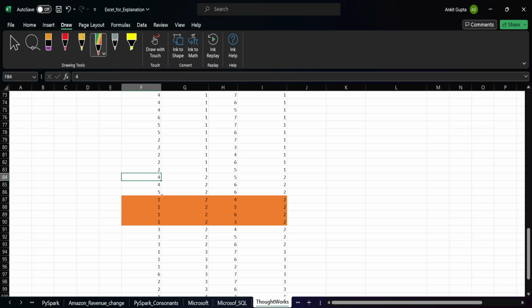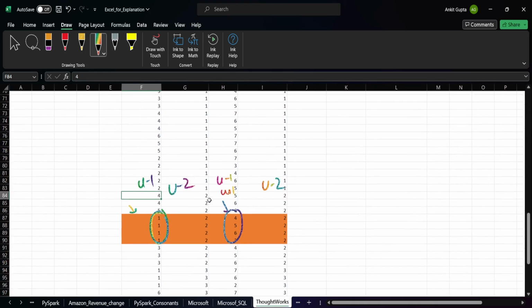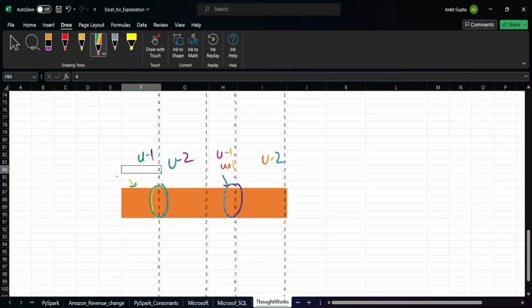Okay. So see here, basically this column is user one, and this is also user one. This is user 1, user 1, user 2, user 2. Okay. So see here, user 1 is less than user 2, right? Okay, I'm making a mistake. Yeah, no. So this is less than this.